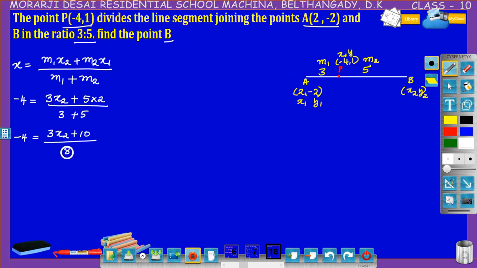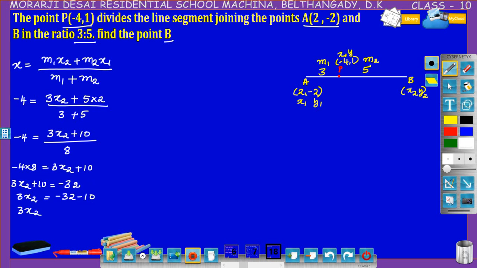So take 8 to the left hand side, that becomes minus 4 into 8 is equal to 3x2 plus 10. So 3x2 plus 10 is equal to minus 32, I interchange left hand side and right hand side. Now 3x2 is equal to minus 32 minus 10, plus 10 when it comes to the right hand side becomes minus 10.